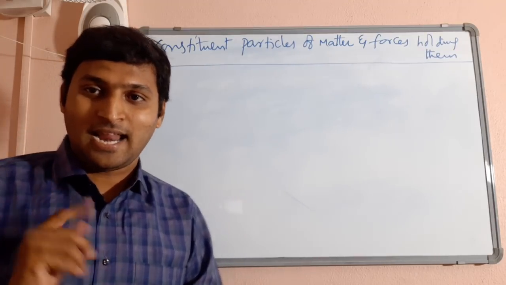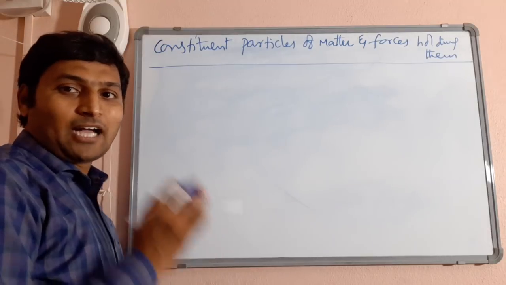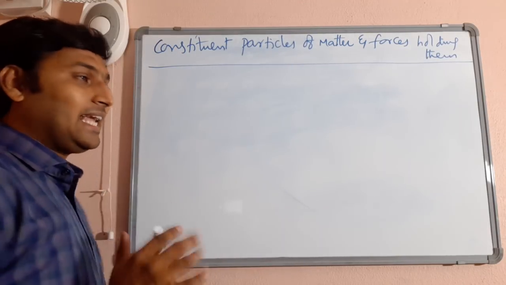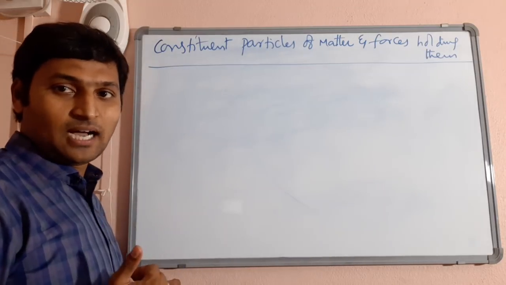Got it? Now, all the macroscopic substances, pure substances on this earth, can be classified into 6 types according to me.